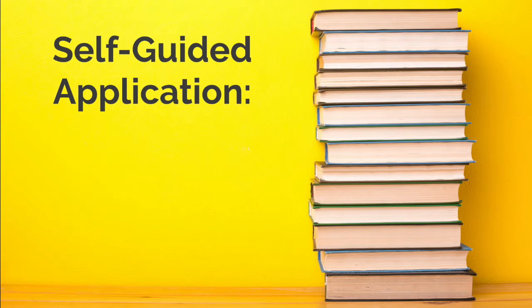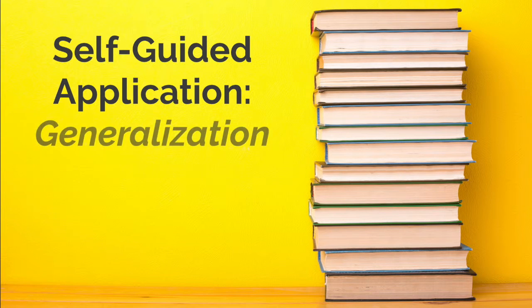So what are some steps that we can use to get to self-guided application? Well, first, we have to get general. You have to generalize about the main principle or the idea of the text. If you don't get this, then there's nowhere else you can go. So your job as the teacher is to condense whatever lesson you're teaching into a general main idea.